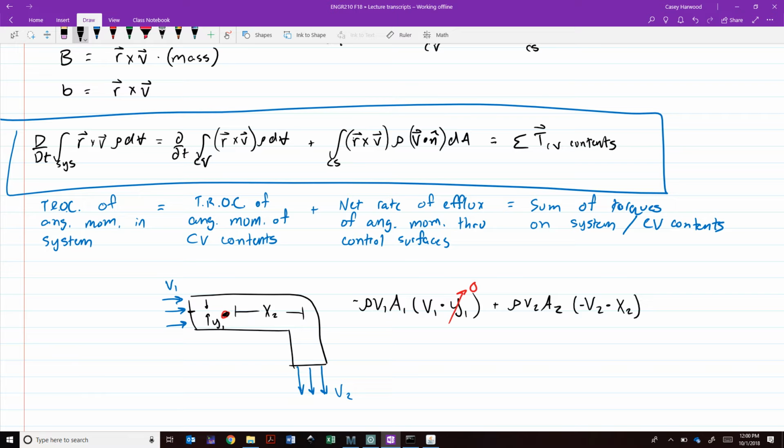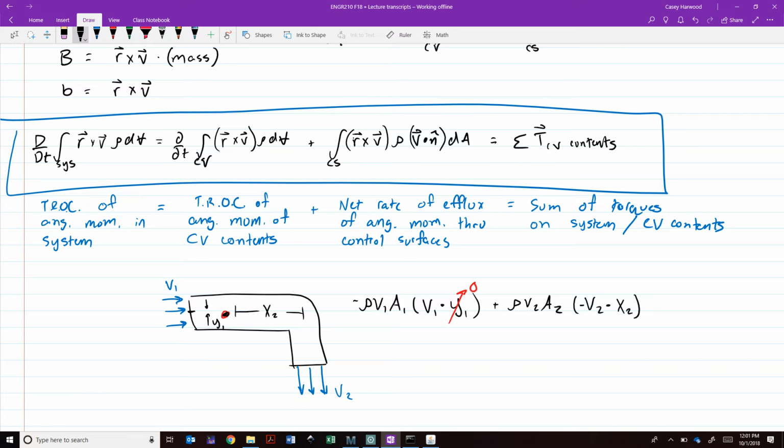Right, and so our angular momentum equation would simply boil down to this. I'm skipping a bunch of the intermediate steps, but we're taking into account that we have one-dimensional flow, so the integrals just turn into V1 A1 times rho, and then those cross products at the inlet and outlet, we've simply said, all right, we could use the right-hand rule.